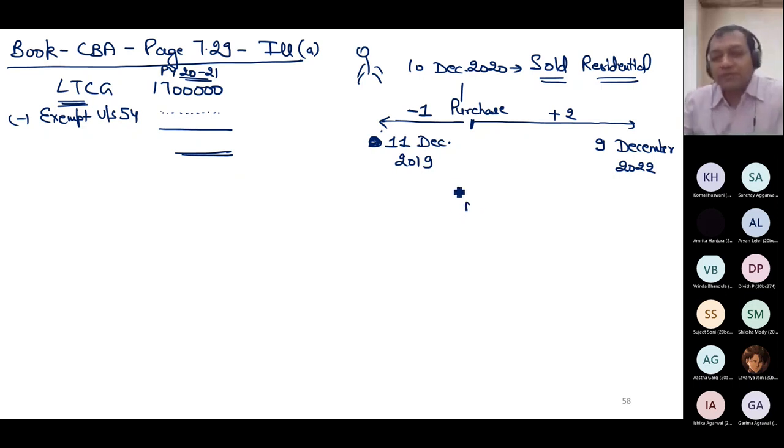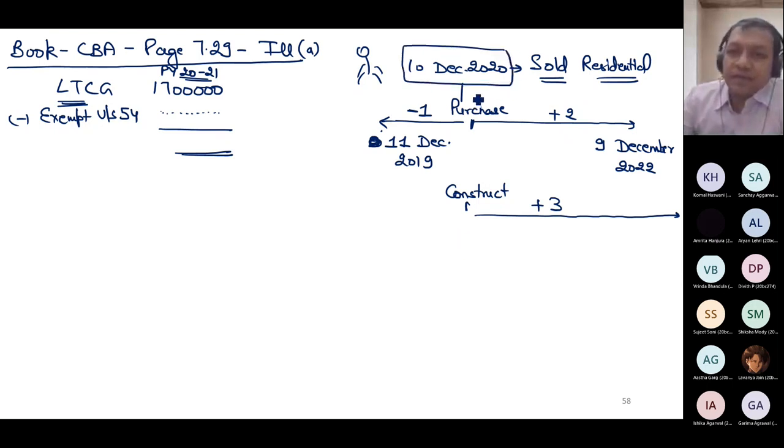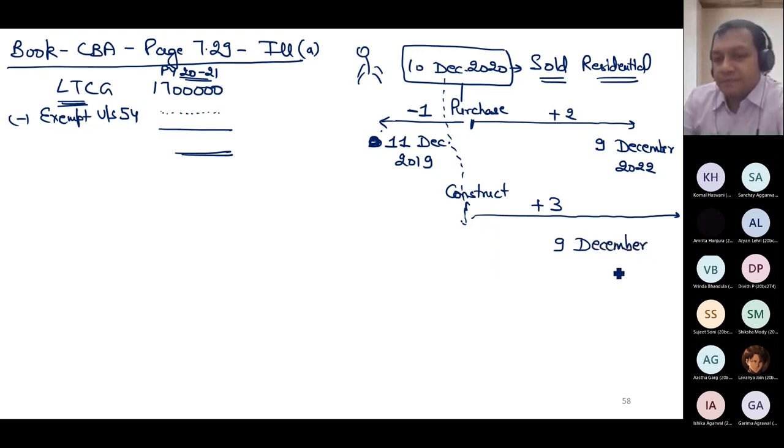If I want to construct, then I have a 3 years limit, not 1 year before. Then starting from 10th December, till when? Can you tell me till when? 9th December 2023.